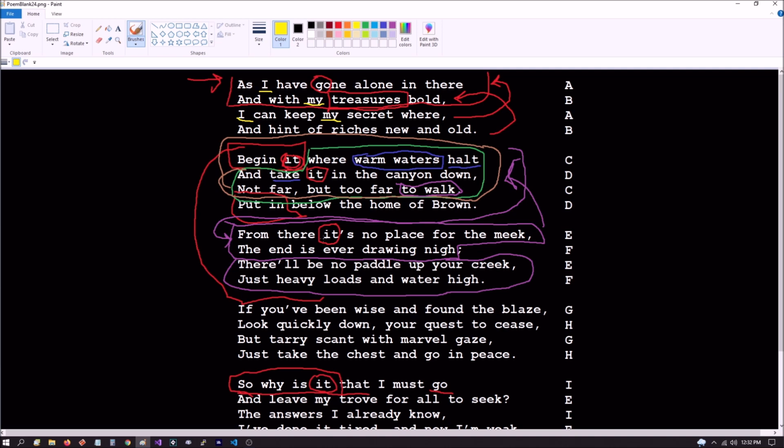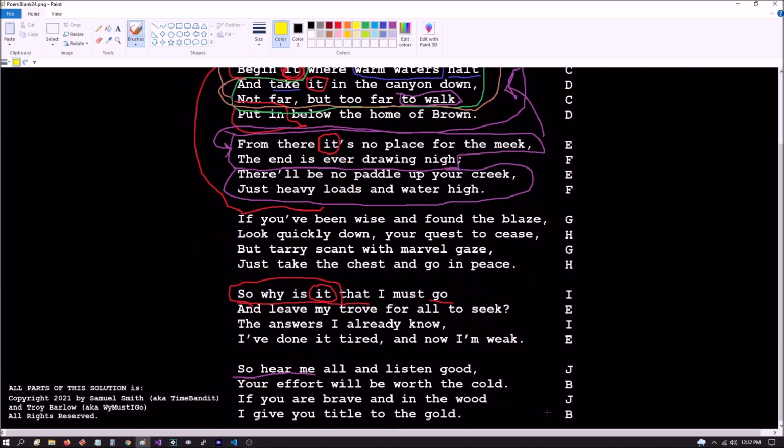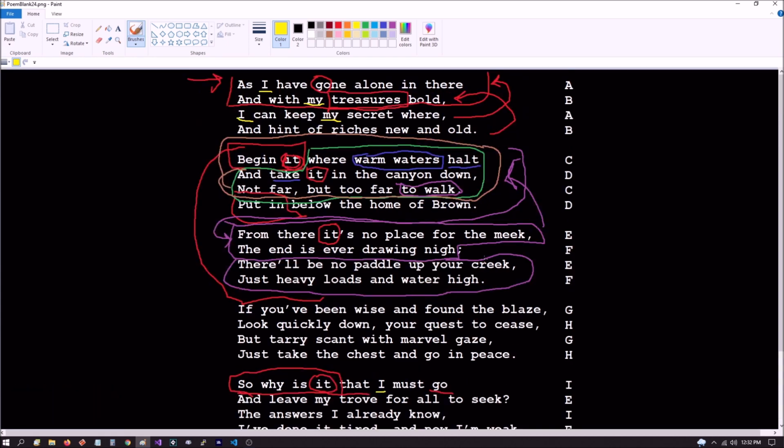Okay, because he's telling you two instructions, "begin it" and "put in." And then he's describing the place we came from and the place we're going to. The next place we see "I" is here again. And again, like I said, this "seek" is telling you to go back up to here. But as I pointed out before, he's saying, "Why is it that I must go?"